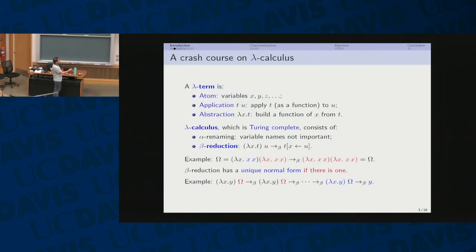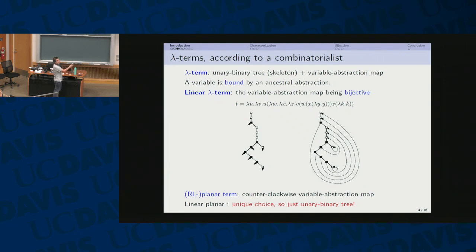So instead of looking at only the skeleton, we'll also draw what we call the diagram, in which we replace each variable by an edge linking its parent to the corresponding abstraction. It's also clear enough that a variable is always bound by some abstraction before it, on the ancestor side.